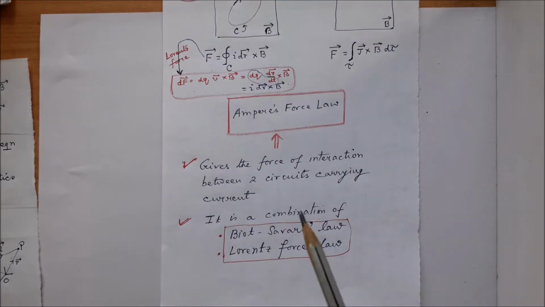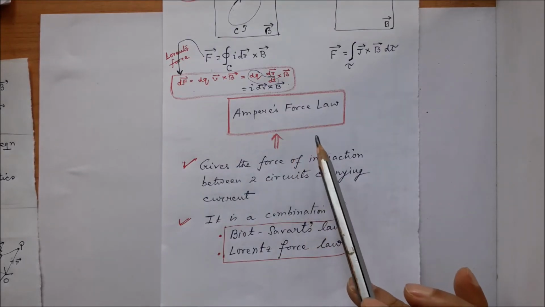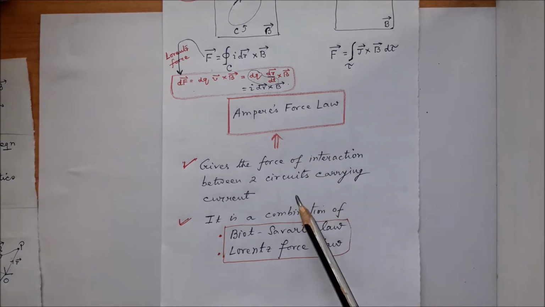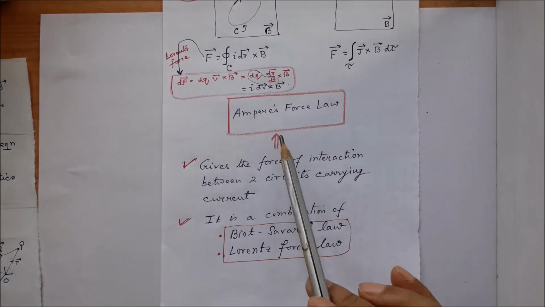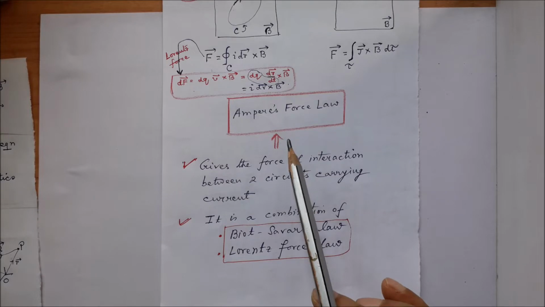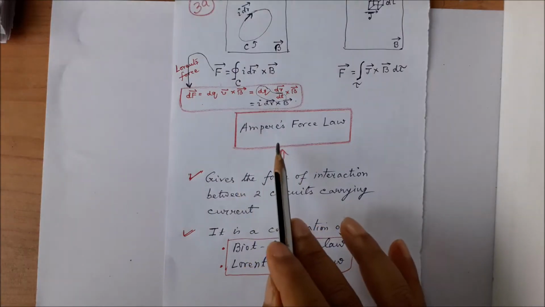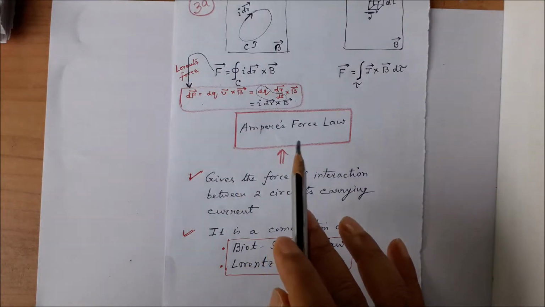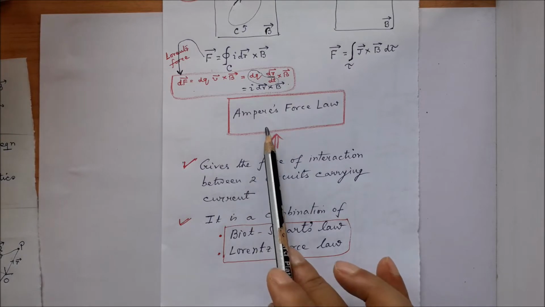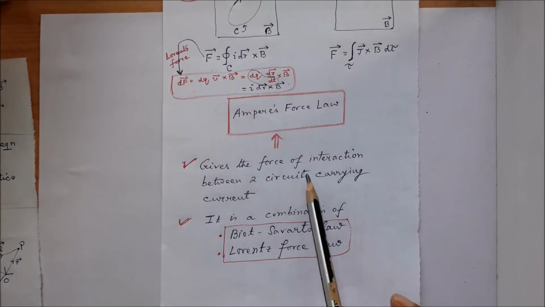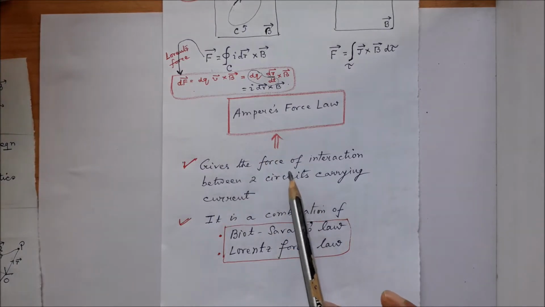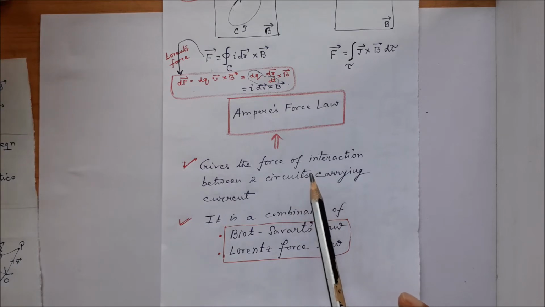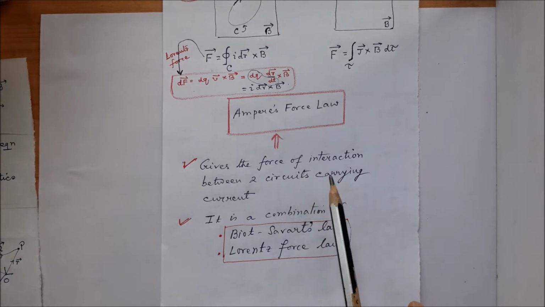Let us now state the Ampere's force law. First, why shall we study it? What is its utility? Or what information does it furnish? Ampere's force law gives expression of force of interaction between two current carrying circuits.